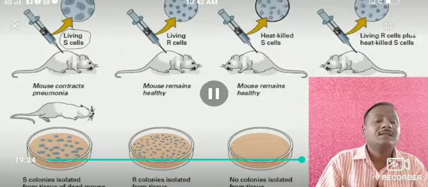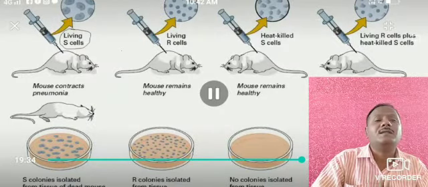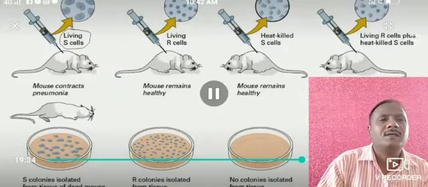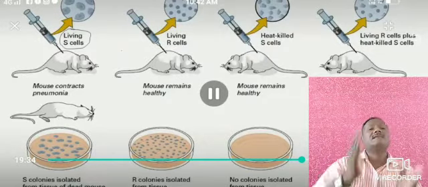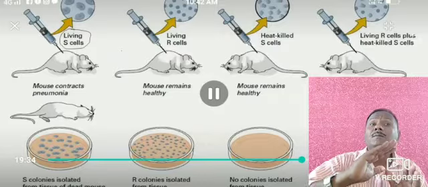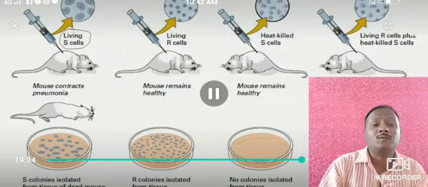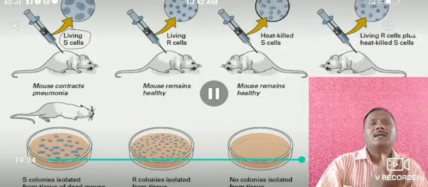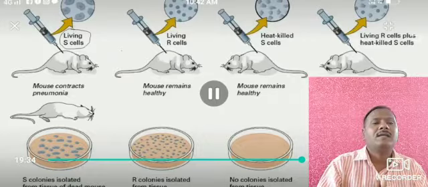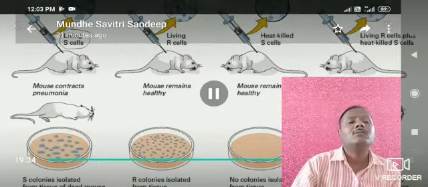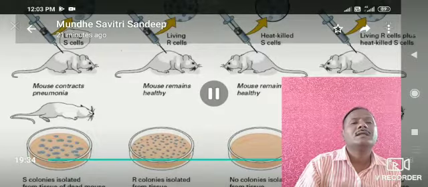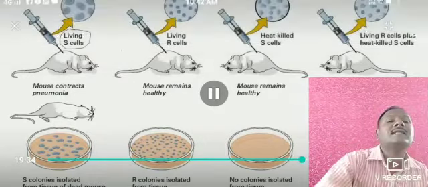After that, in the third experiment, the scientist Griffith used heat-killed S cells. Heat-killed S means smooth cells, which are pathogenic and virulent. When he used that strain on the mouse, the mouse remained healthy.